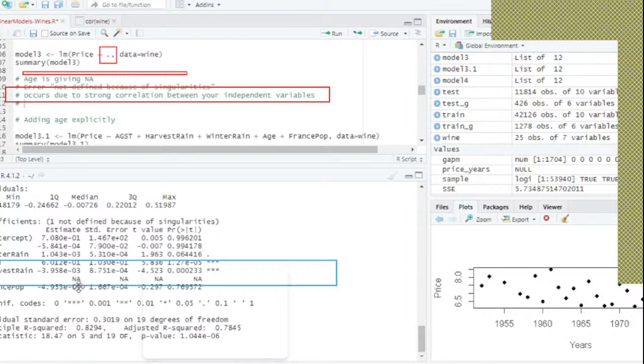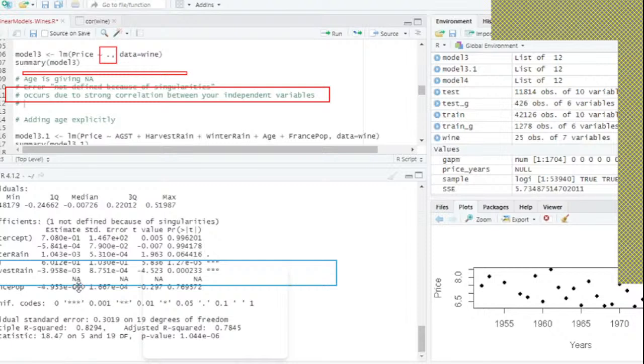Age of wine is a very important variable to determine the quality of wine, and industry expertise will tell you this. As data scientists, some of you might not be closely observing this industry. But when you discuss this output with an industry expert, they'll say age cannot be an insignificant variable.